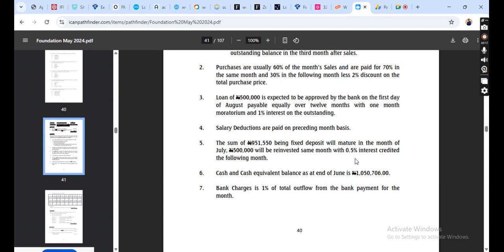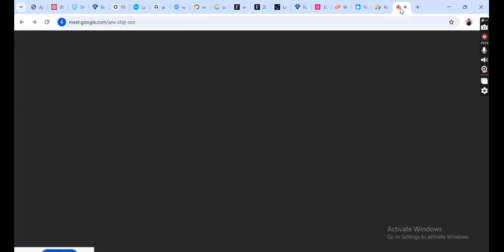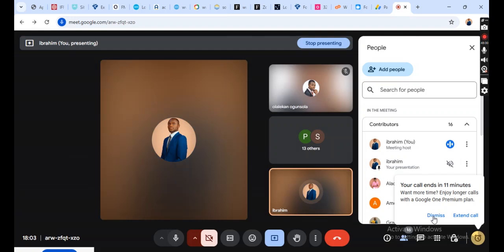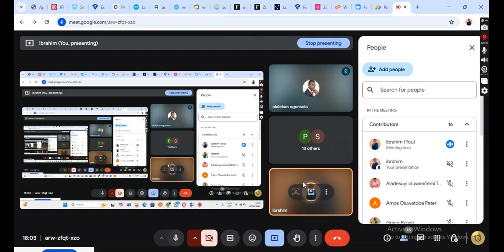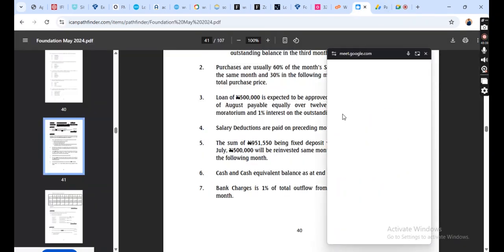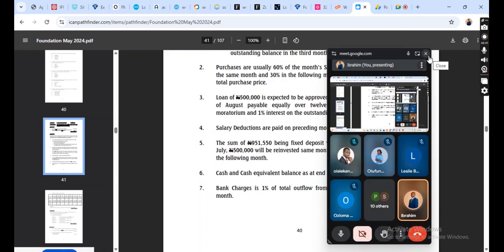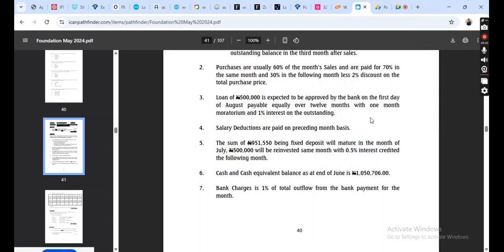It will attract 0.5% interest credited the following month, which means that when you invest it in July, you get what we call interest income. This interest income will be treated as other income in profit or loss. Class, am I communicating? The first one is the fixed deposit as an inflow.